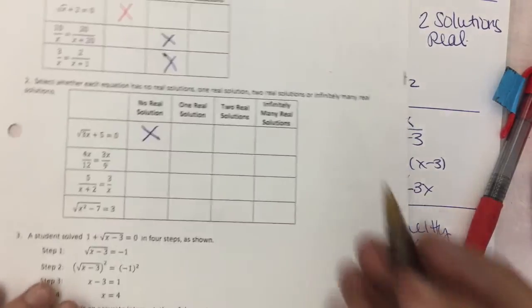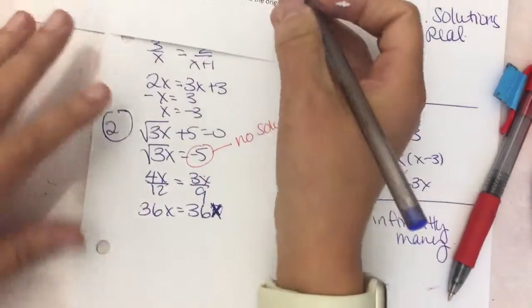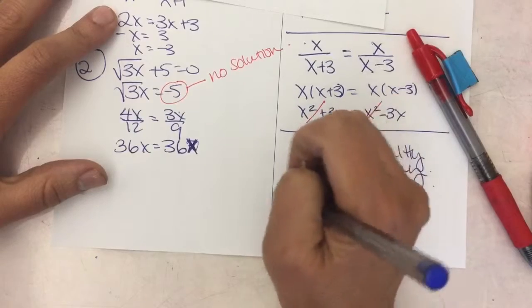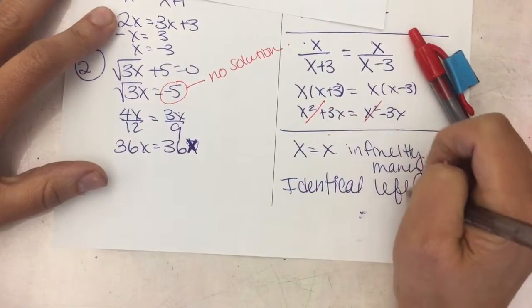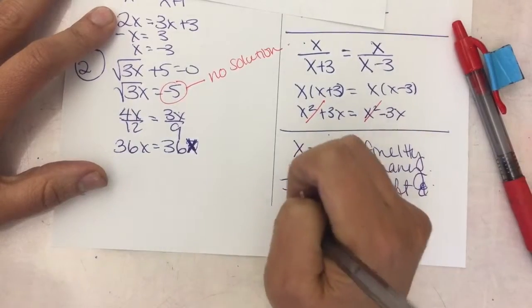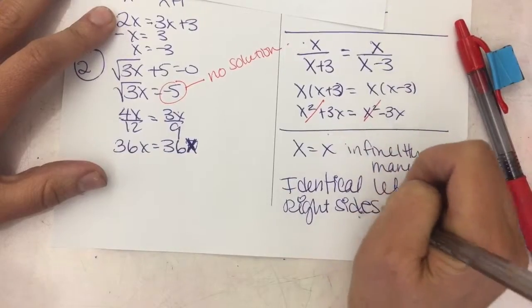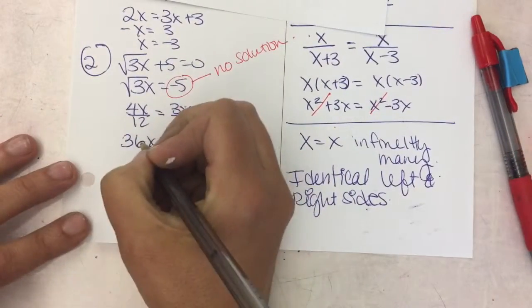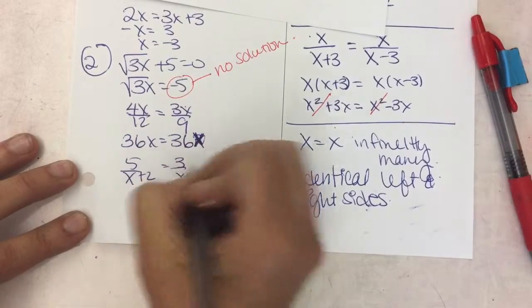So that one's going to be infinitely many. Identical left and right sides.